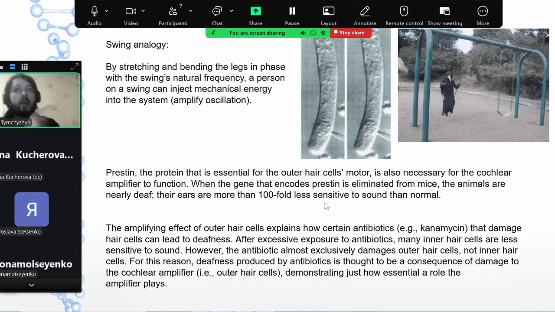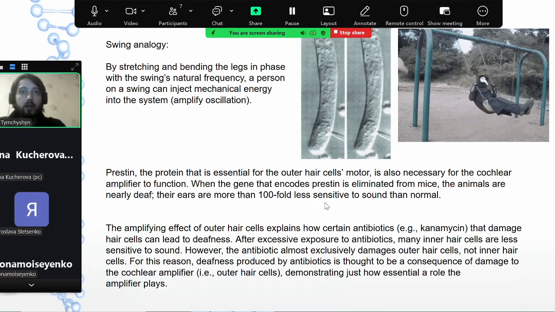And the amplifying effect of the outer hair cells explains how certain antibiotics, like kanamycin, lead to deafness, because these antibiotics damage hair cells, and that's probably one of the problems: the outer hair cells die. The interesting part is that it almost exclusively damages the outer hair cells, while inner hair cells survive.